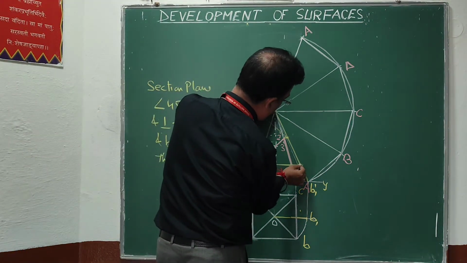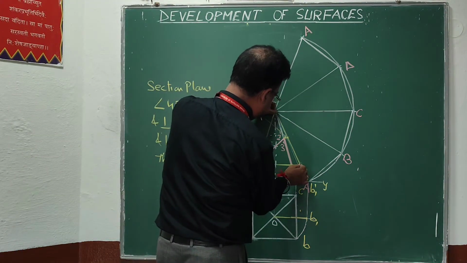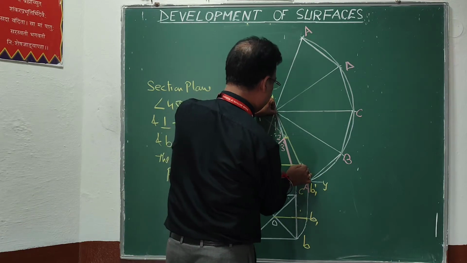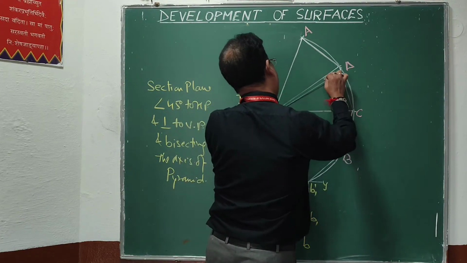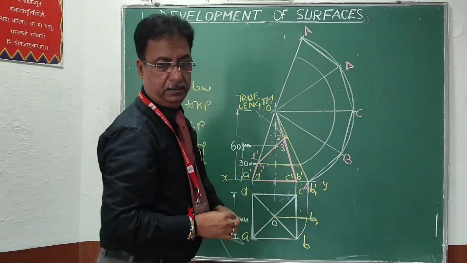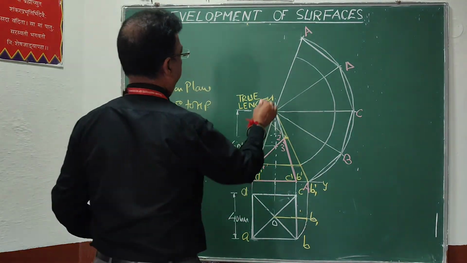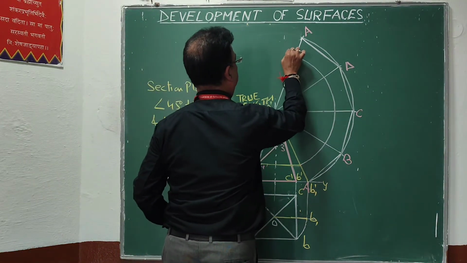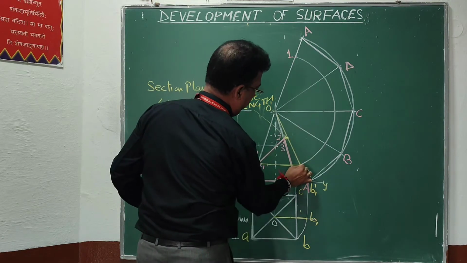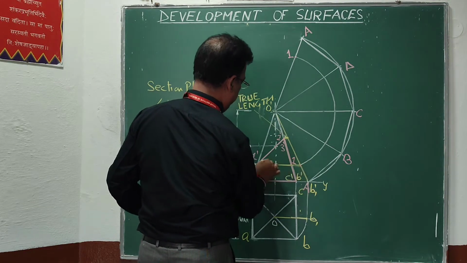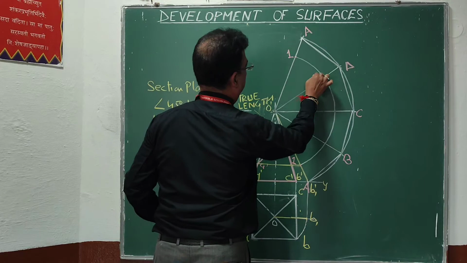Now if I use this distance by again shifting through arc, I will take O dash as center and this length, that is equal to 1 length, and shift by arc, you will get the point 1 on OA, and the point 4 will be on OD.